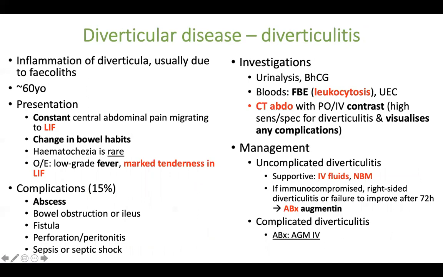Diverticulitis is when you get inflammation, and it's mainly because poo gets stuck in the holes. So it's left-sided pain, and you get marked tenderness in that quadrant. The other thing for diverticulitis is you give them IV fluids, nil by mouth, and antibiotics.